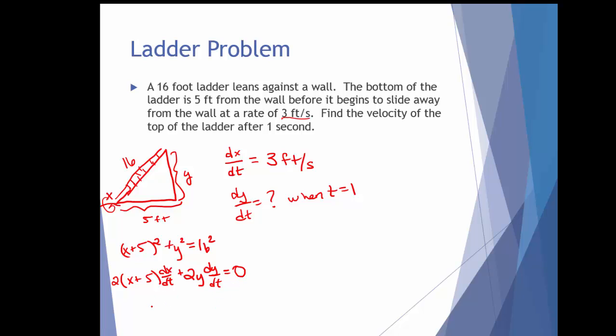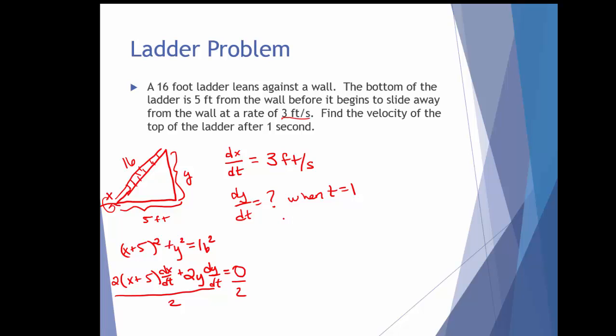Okay? So now we can start to plug in some of what we know. First of all, I can pull the 2 out of both of those terms and divide it over to the other side. So we'll just divide both sides by 2.